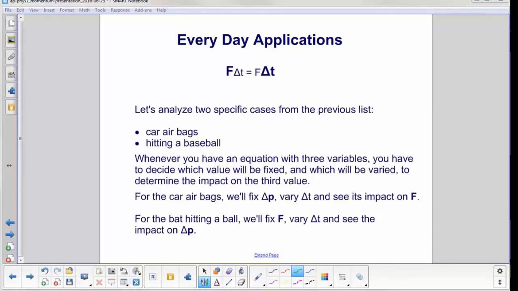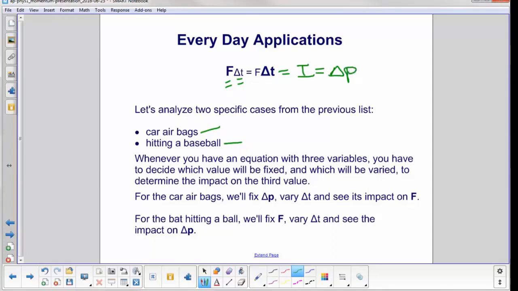We're going to look at two specific cases from the previous list, car airbags and hitting a baseball. The analysis we're going to use is very helpful. You can use it in many other cases in physics when you have an equation with 3 variables. In this case, the 3 variables are force, your time interval, and of course, impulse, which again is your change in momentum.